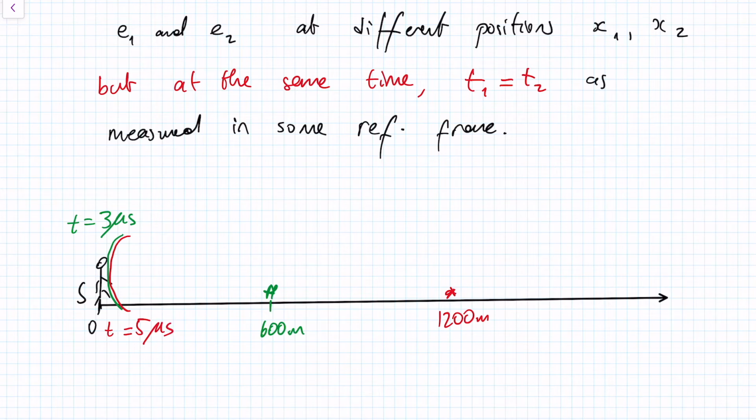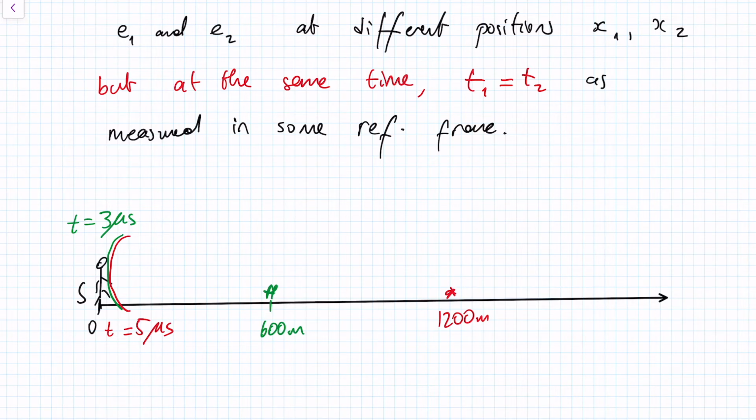The question we want to answer now: we have two different events taking place at two different points in space, and the times appear to be different as well. But we want to know whether this is a simultaneous event or not. If not, we want to know when the firecrackers exploded.